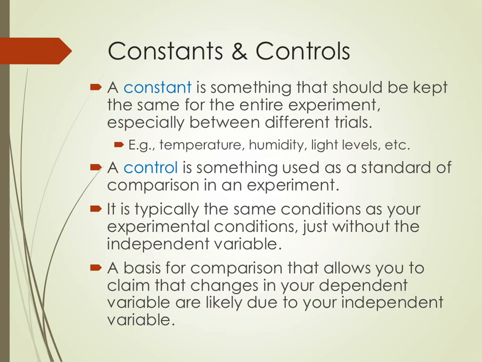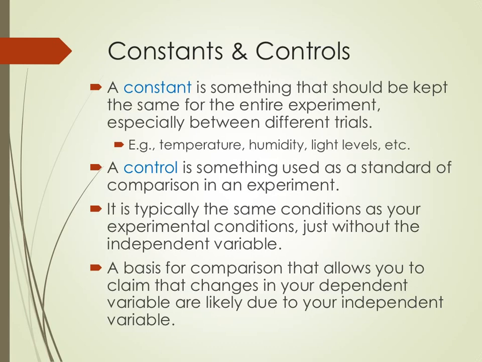This would be different than the previous example where temperature was our independent variable, but maybe pressure or light or humidity or concentration of reactants. These are things that could very well impact your data, and you want to make sure that they don't, because your goal is to assure the reader or whoever's evaluating your work that the changes in your dependent variable are due completely to your independent variable.